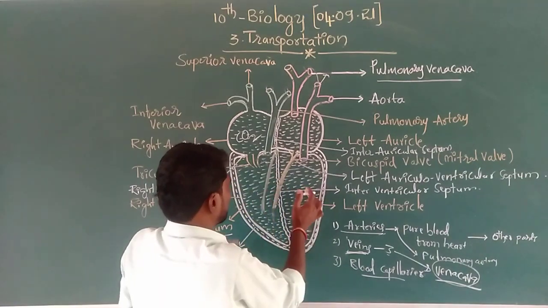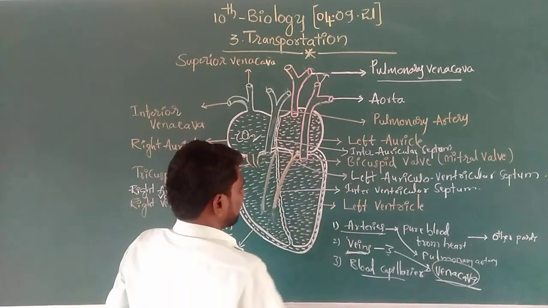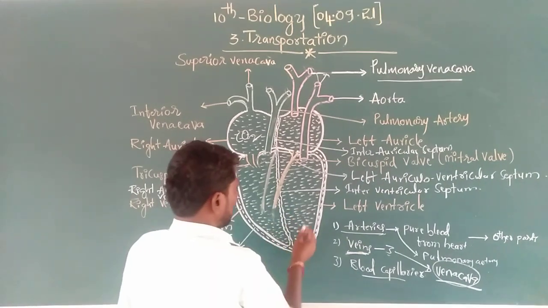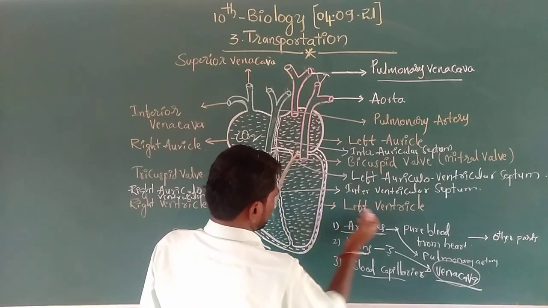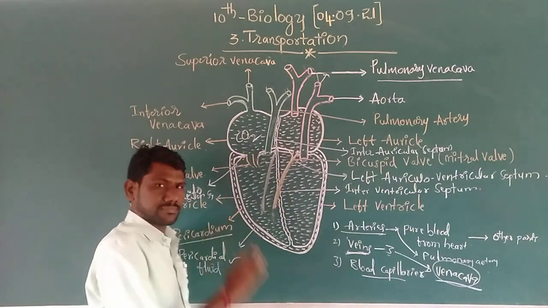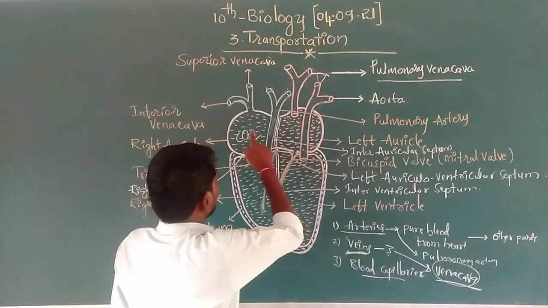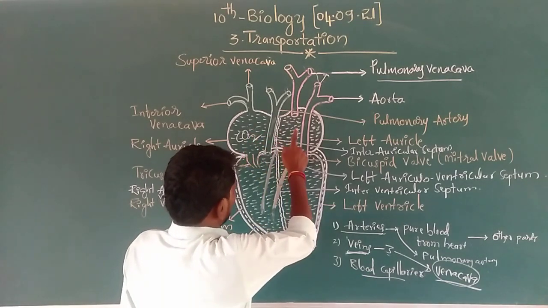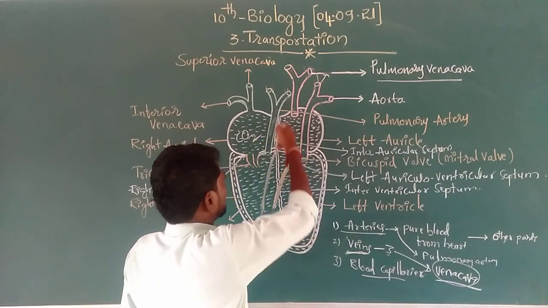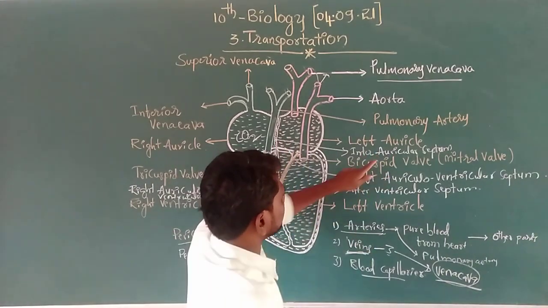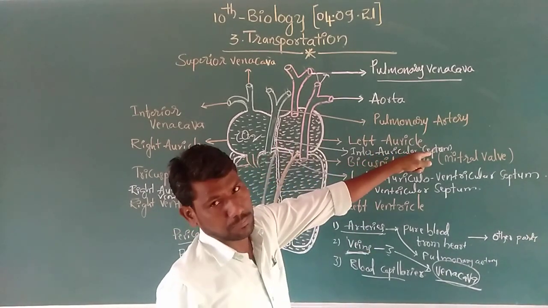Next, the lower two chambers are called ventricles. This is the left ventricle, and this is the right ventricle. The right auricle and left auricle are separated by a septum, which is called the interauricular septum.